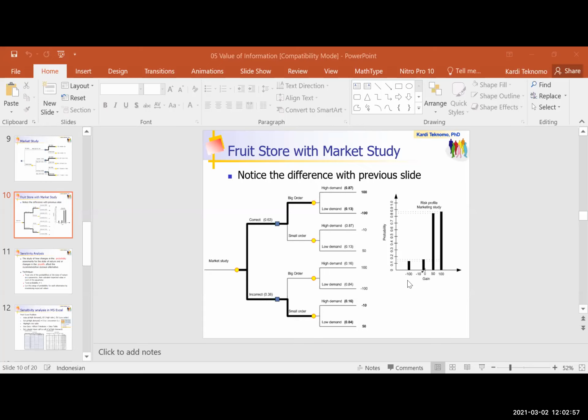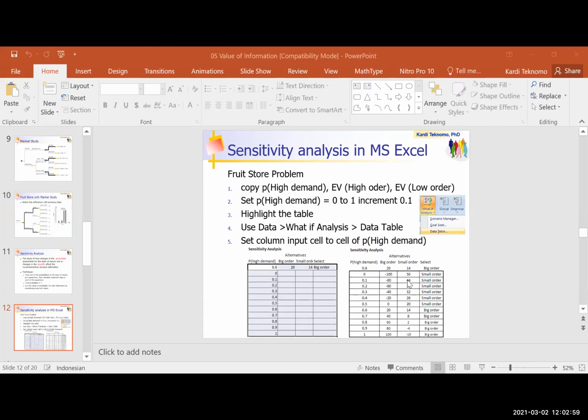Now based on this risk profile again, I come back. In this sensitivity analysis, I do it without risk profile. So in this case, I use the original fruit store problem.